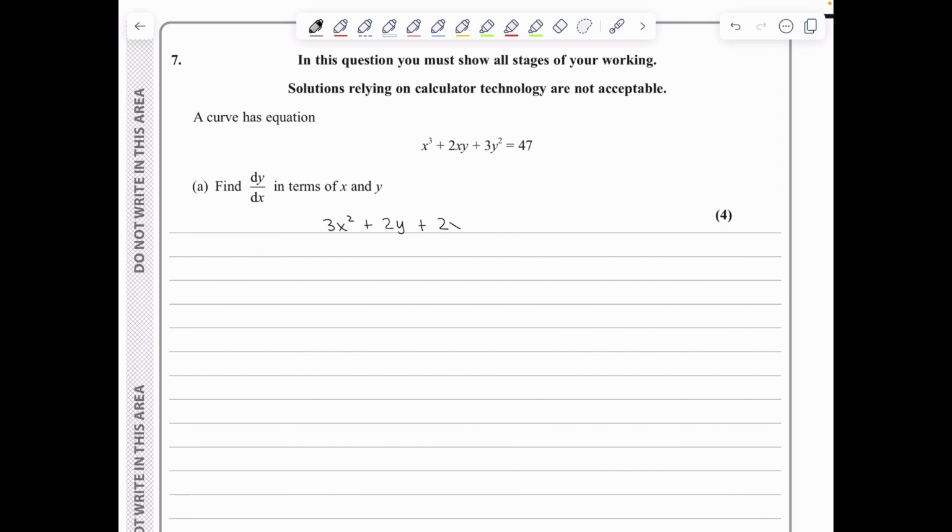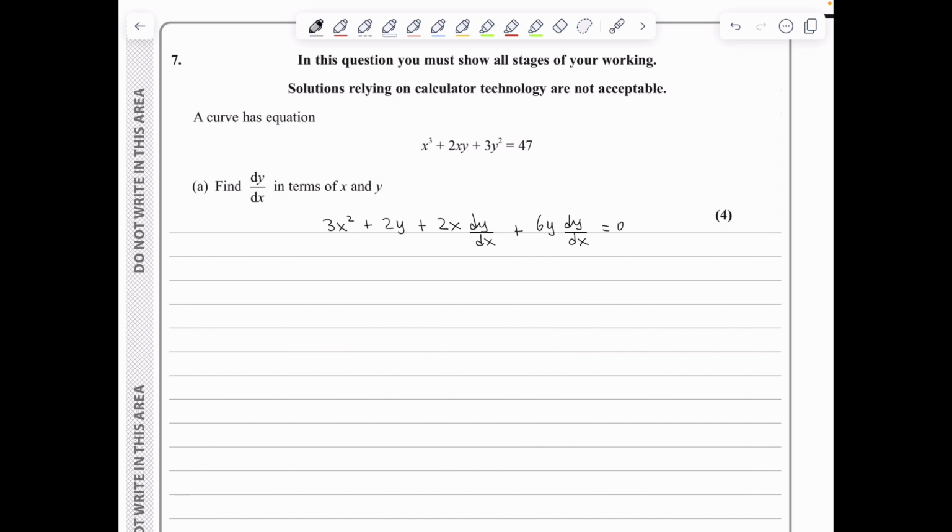And then I keep the 2x, and the derivative of y is simply dy/dx, plus the derivative of 3y squared, which is 6y dy/dx, simply because we're differentiating a term in y, is equal to 0, because the derivative of 47 is a constant, so the derivative is 0.